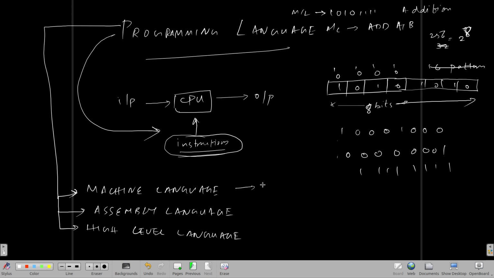So machine language means ones and zeros, and it has instructions understandable by the processor. Assembly language is a human readable form of machine language, let's say.